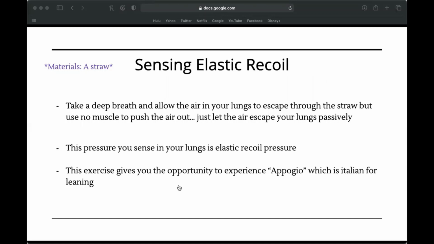Now, sensing elastic recoil. If you can, get a straw. And to sense elastic recoil, first you get your straw in your hand, take a deep breath, and allow all the air in your lungs to escape through the straw, but use no muscle power to push the air out.